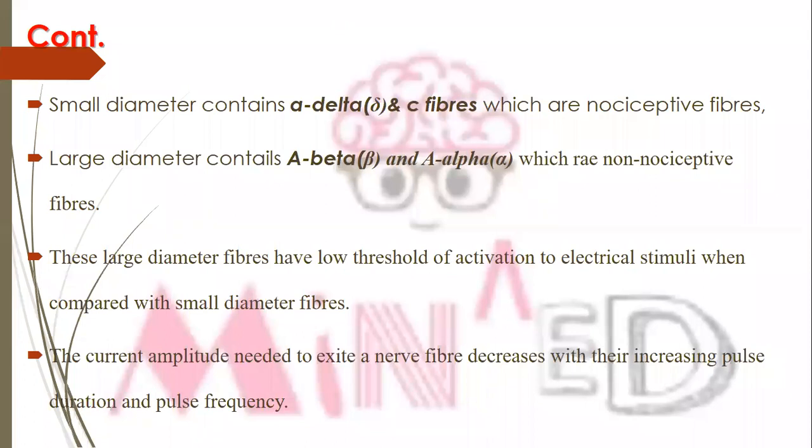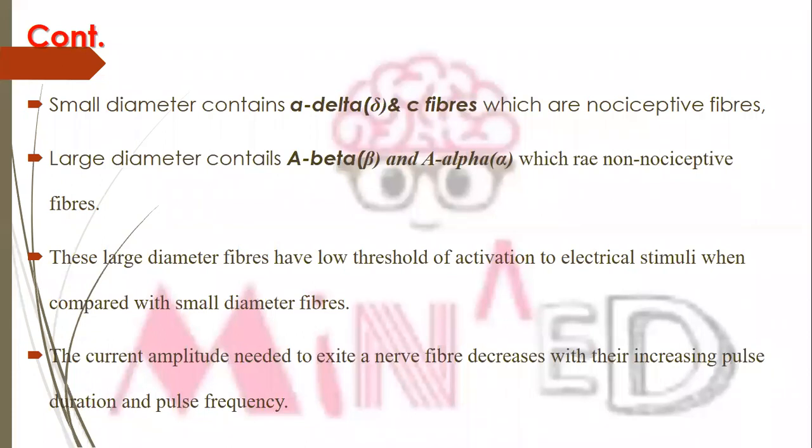That is, if you compare the large diameter fibers, A beta and A alpha, with A delta and C fibers, they have a low threshold. Sorry, low threshold.